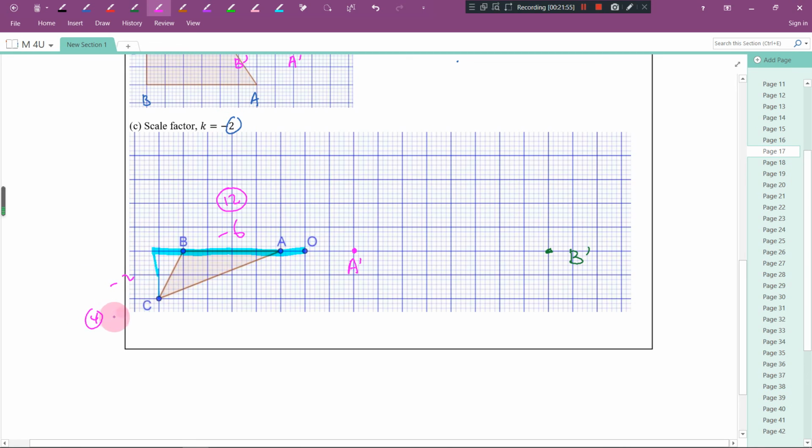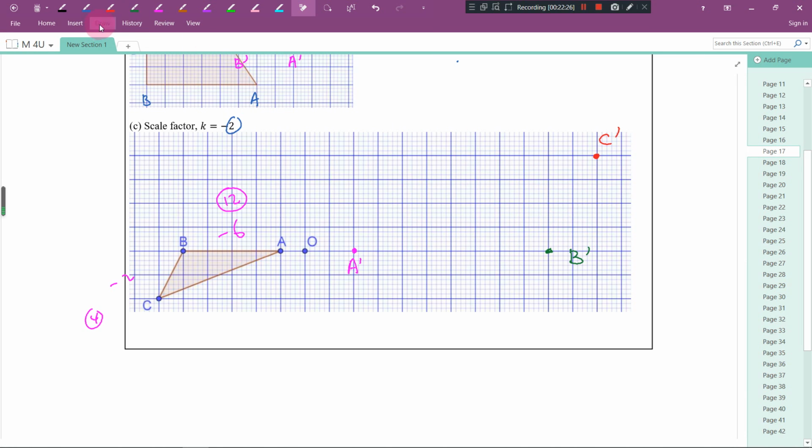Negative go down, positive 4 go up, right? Okay, so don't forget, start counting from the center. 1, 2, 3, 4, 5, 6, 7, 8, 9, 10, 11, 12. 12 under here, then go up 1, 2, 3, 4. Okay, so this is the image of vertex C.